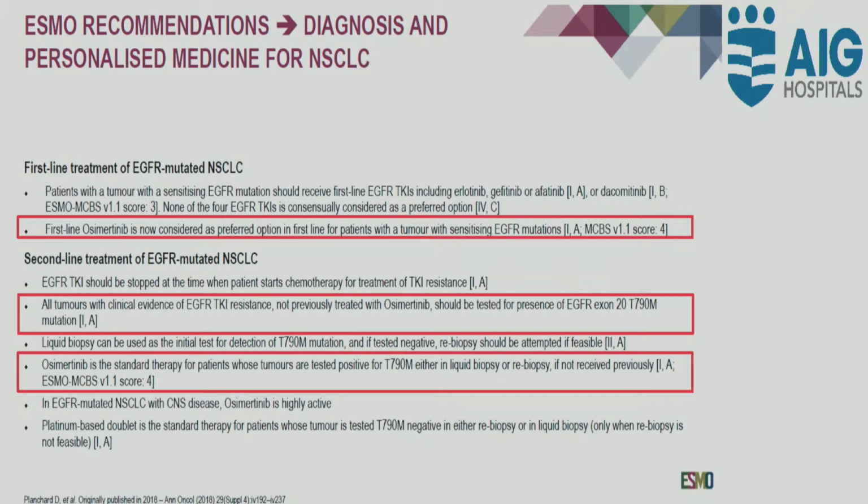So the first line has changed from chemotherapy, which it was once upon a time, for the past 2 decades. Whenever we identify an EGFR mutation in non-small cell lung cancer, the first line choice is not chemotherapy, it's targeted therapy. Now, which one to choose among these? Of course, it depends on the patient and a lot of other factors. We'll discuss that as well.